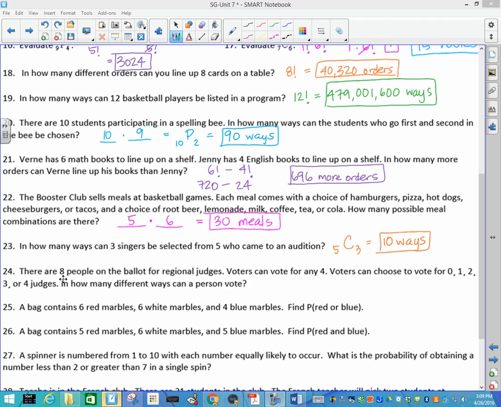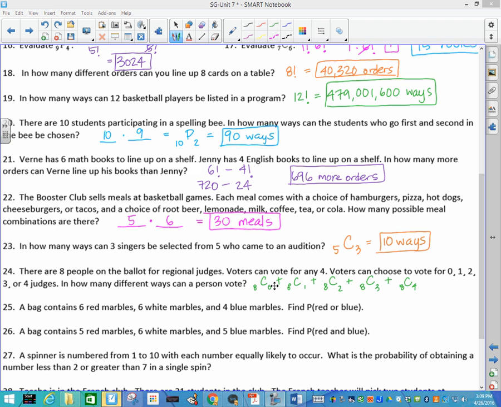So you're choosing from 8 every time, but you can choose 0 from the 8, or 1 from the 8, or 2 from the 8, or 3 from the 8, or 4 from the 8. So that's how many different ways you choose them. The order I vote for the judges doesn't matter. It's not a different 2 judges. And then you have to add up all those possibilities together.